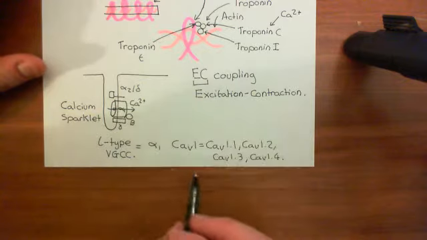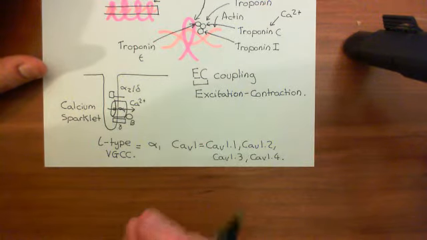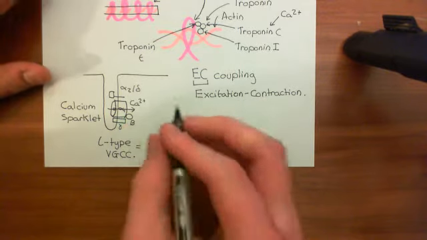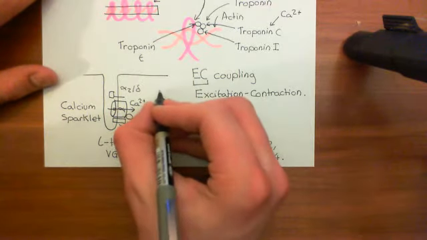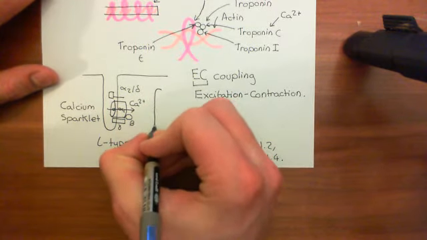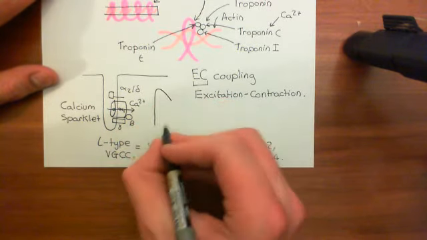Now you will have these things occurring all over the place, but they are not large enough to actually cause contraction of the cardiomyocyte. So you now need to amplify them, and this is done through a structure known as a calcium synapse.